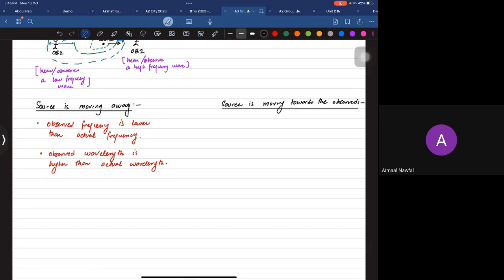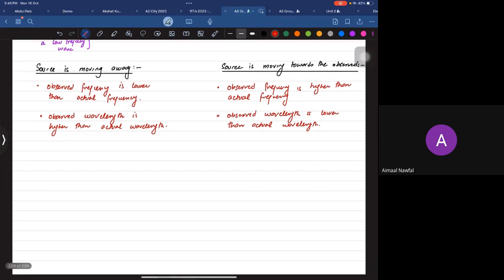The observed frequency is higher than the actual frequency, and the observed wavelength is lower than the actual wavelength. Is it clear, everyone? Yes.